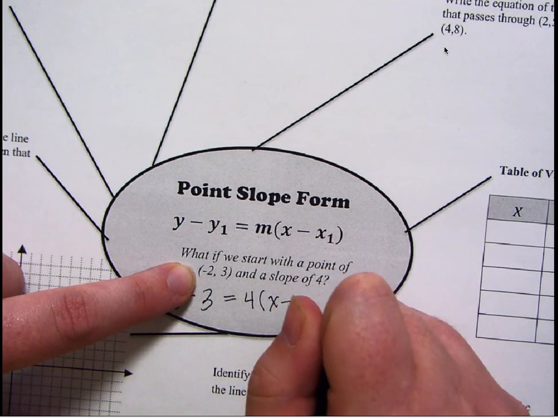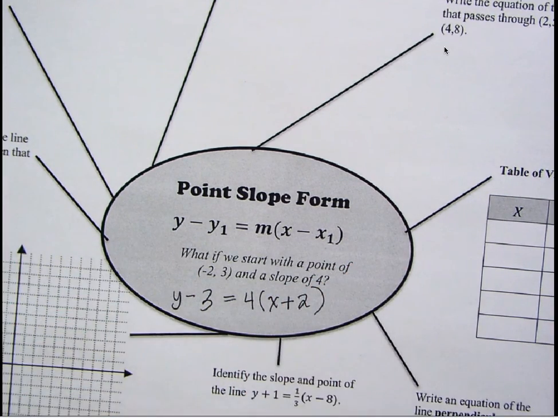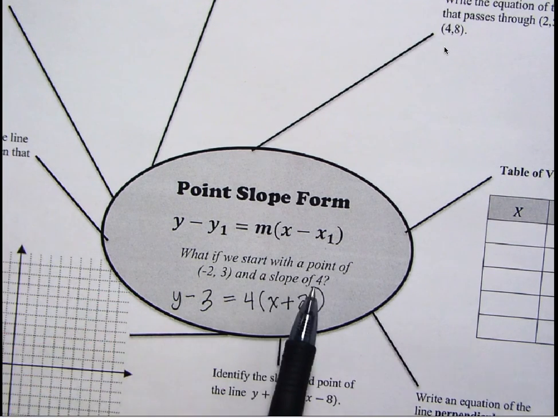So x minus negative 2, minus a negative, I'm just going to write as positive 2. So this would be point slope form. You don't have to distribute, you don't have to move anything. This is it. So this is really handy if you know a point and a slope, and that's it.